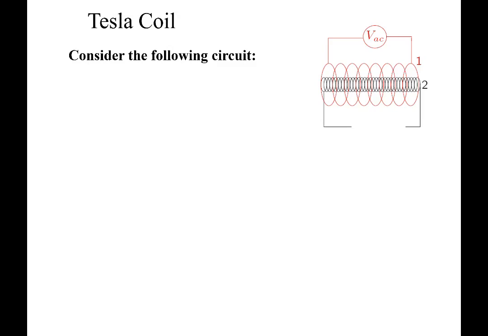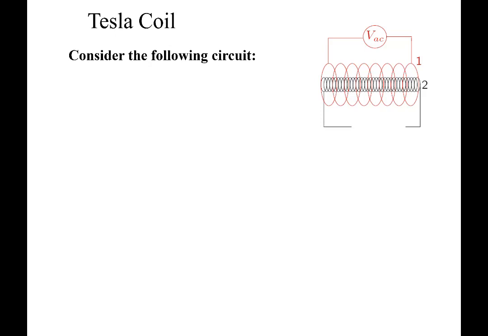Coil 1 here in the picture is connected to an alternating current voltage source, and then there is a gap, denoted by the two lines coming out of coil 2. They're basically metallic conductors that are separated by a distance.